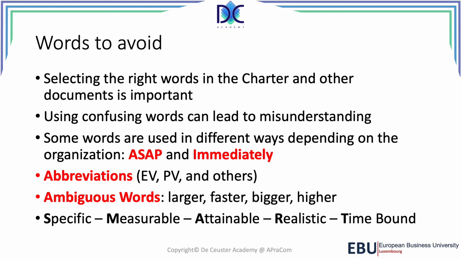There are some words to avoid in, let's say, a charter. We have to choose the right words, and when a word can be confusing, it may lead to misunderstandings, and it can cost a lot of money. There was one project in the United States where they said a prototype has to be tested in water.